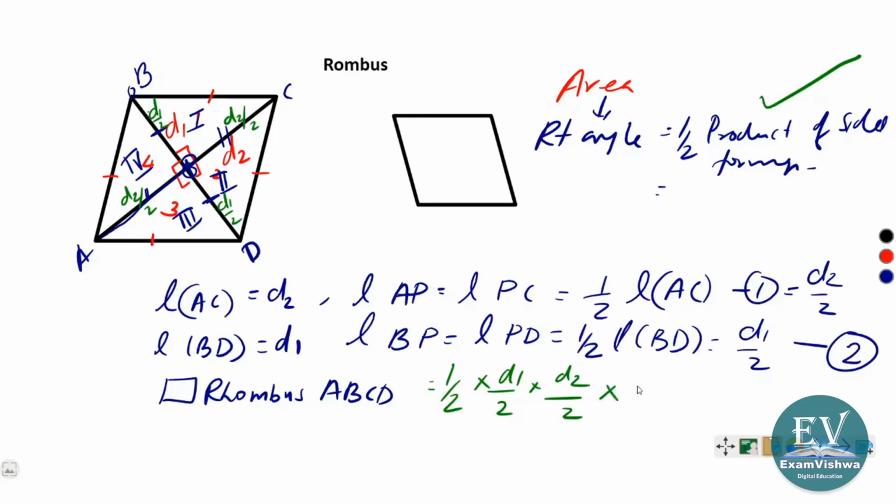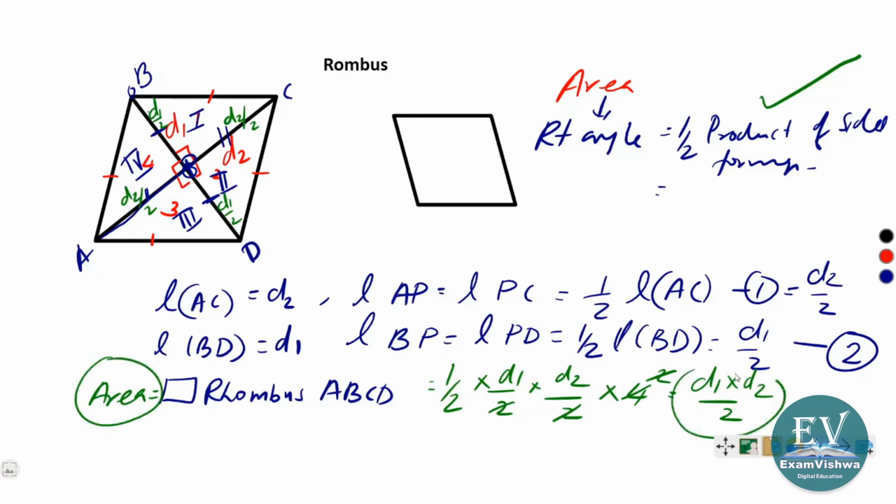Which makes the area of rhombus ABCD. If you solve all this, what will happen? 2 times, again 2, get cancelled. You will get d1 into d2 upon 2 as the formula of area of rhombus.